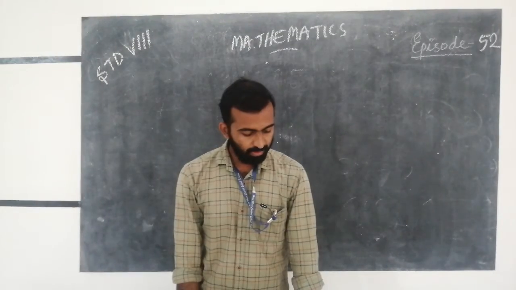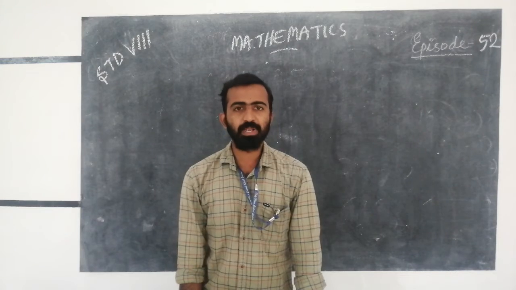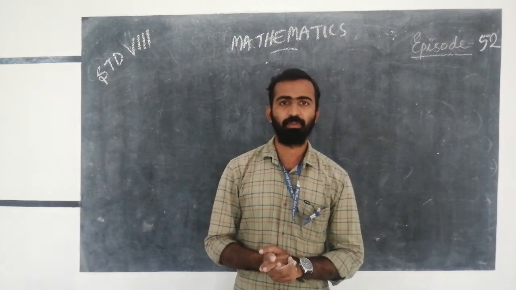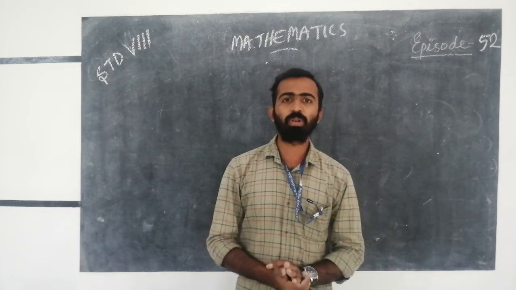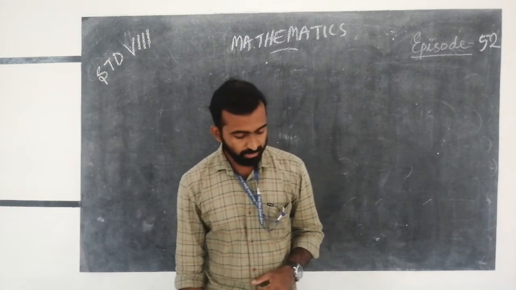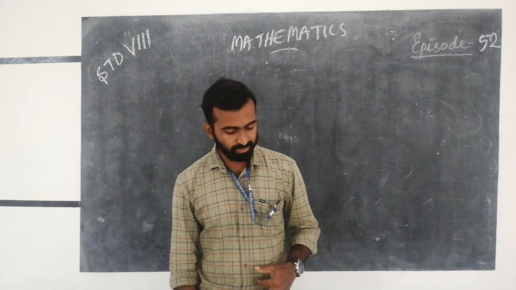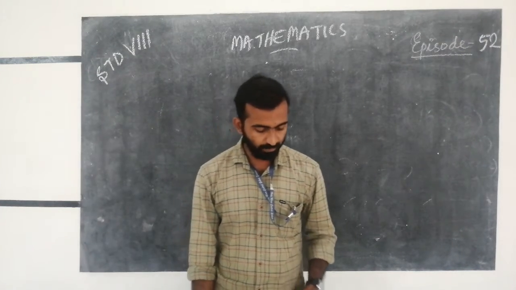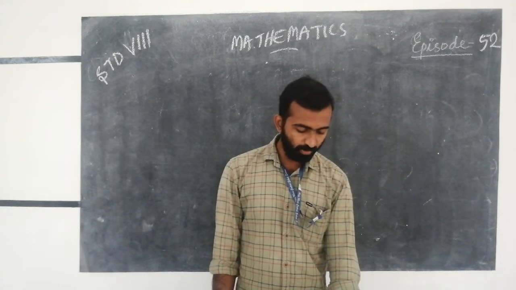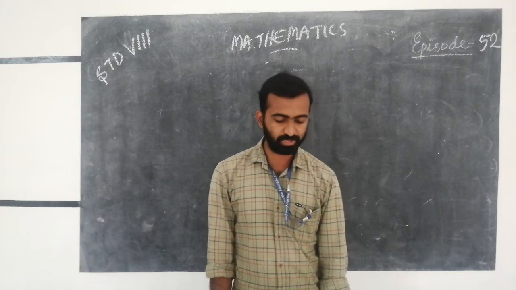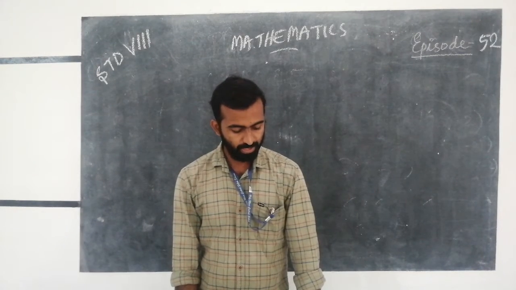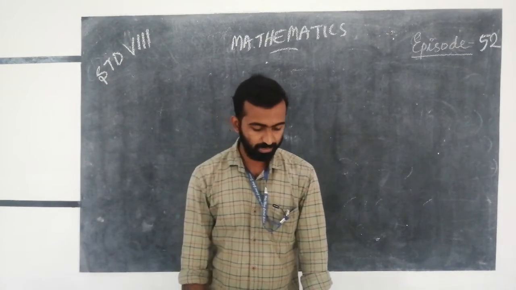Convex polyhedrons means their shapes are convex type, and concave means cave type. A polyhedron is said to be regular if its faces are made up of regular polygons and the same number of faces meet at each vertex.